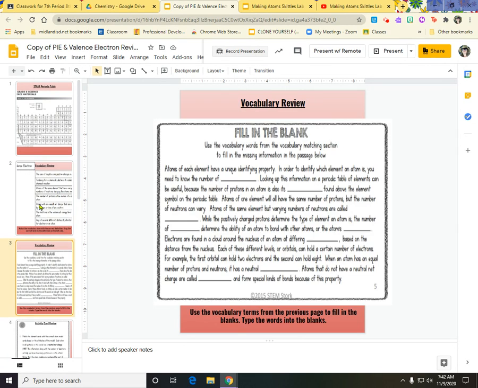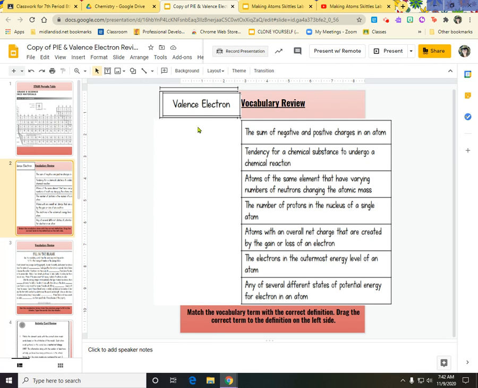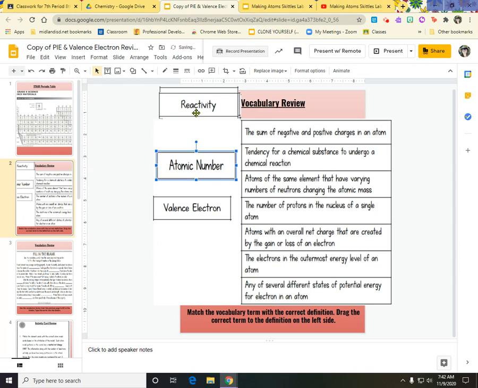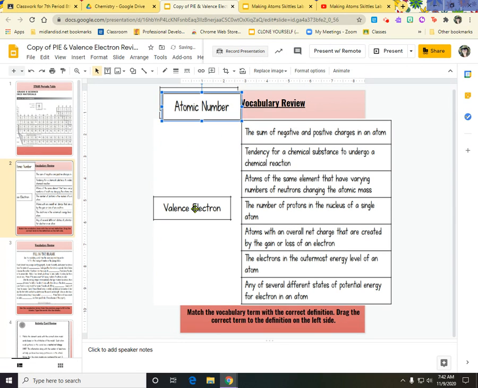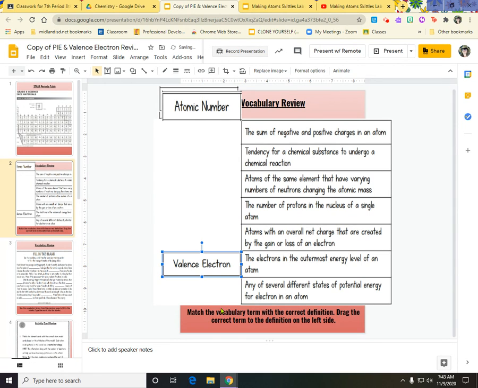Just like last time, there's 2 pages to the vocabulary review. The first page, you sort the definitions by putting the word next to the correct definition. So let's see, this one would be the electrons on the outermost energy level. That's valence electron.